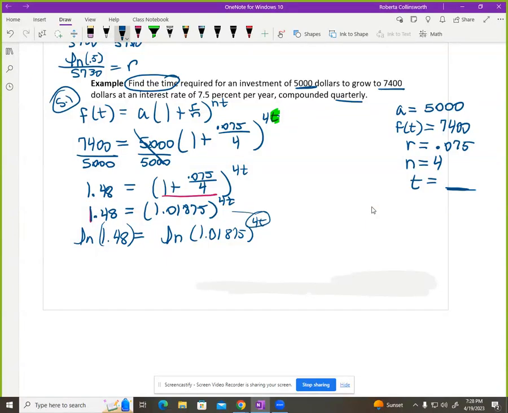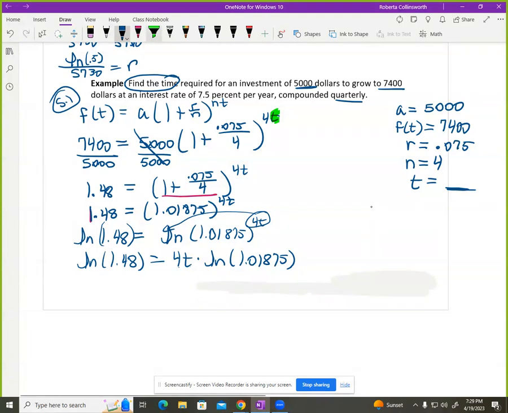And I see that this can move around here. So I have 4 times t times this number. This is a number.